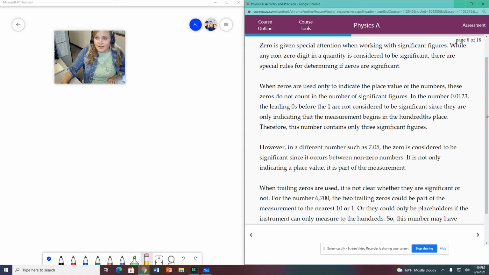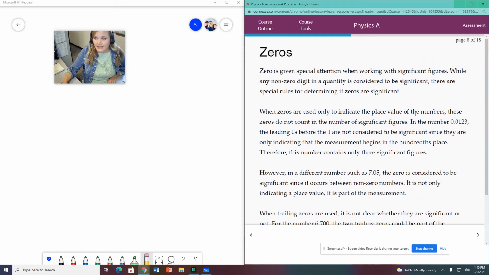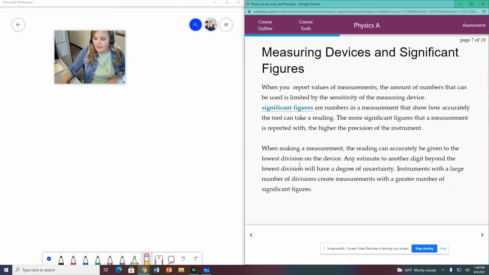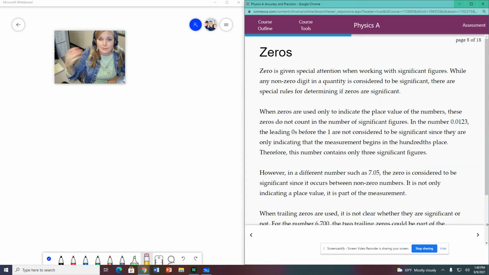Significant digits are any digit that is, well, okay. It's giving a special case to zeros, because zeros can be a little tricky with significant digits. So zeros are only considered to be significant if they don't reflect just an indicator of place value.